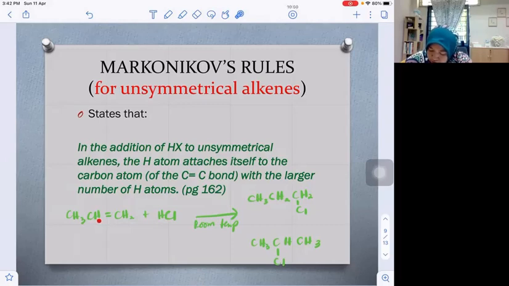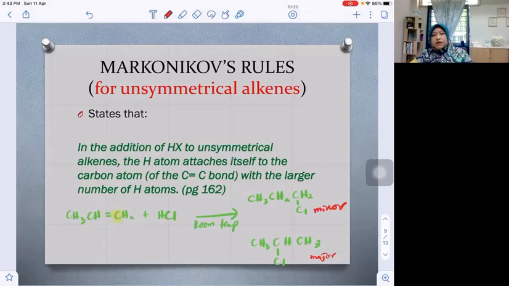So the major product is when hydrogen is attached to the carbon that has more hydrogen, which is this carbon. So the major product will be the second molecule. So this is major and this is minor.